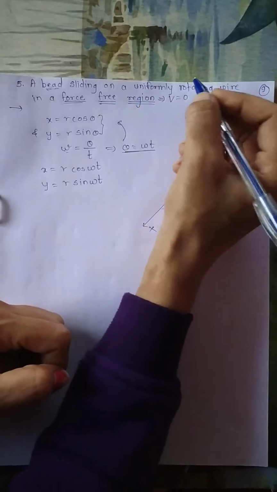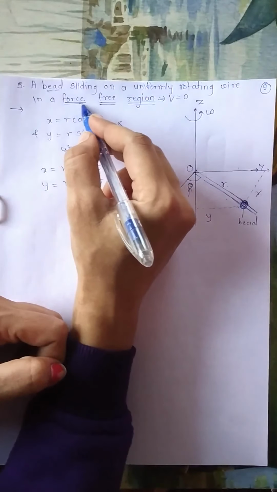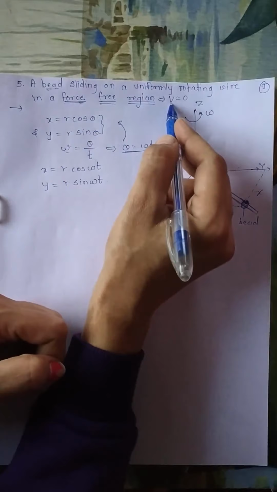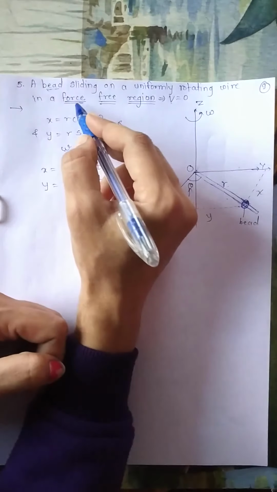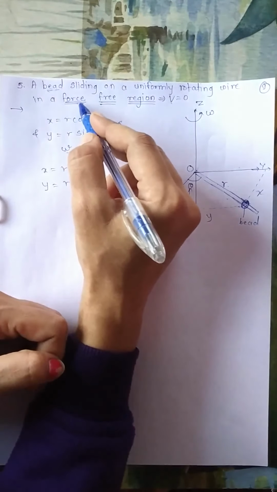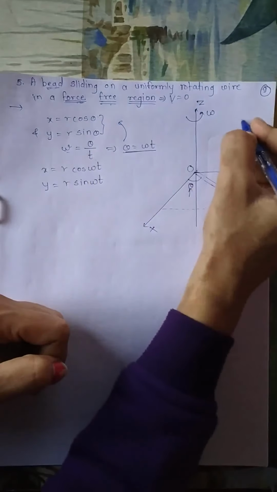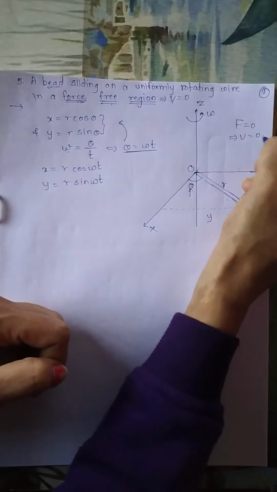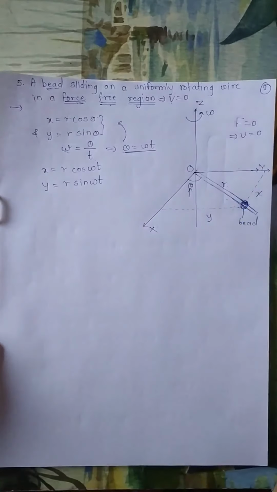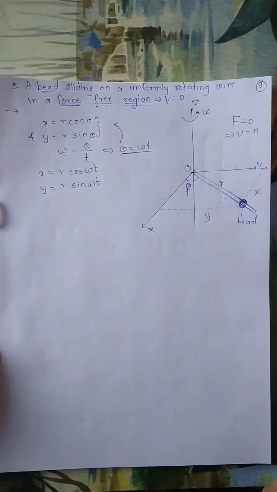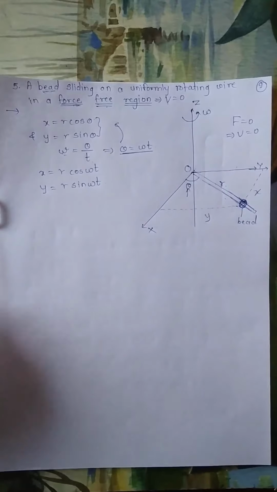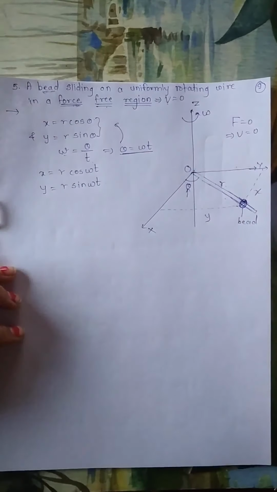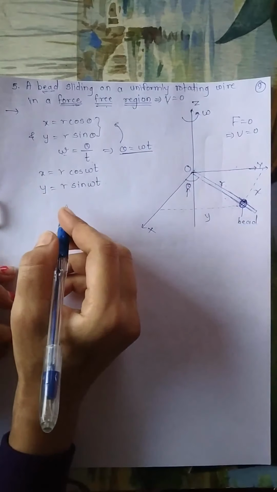Why? Because the force is conservative. If we consider the force as conservative, the negative gradient of the potential energy is the force, and the force is zero. Since it is a force-free region, F is equal to 0. Therefore we can say that the potential of this system is 0. Therefore we will only have kinetic energy, and let's find that kinetic energy.